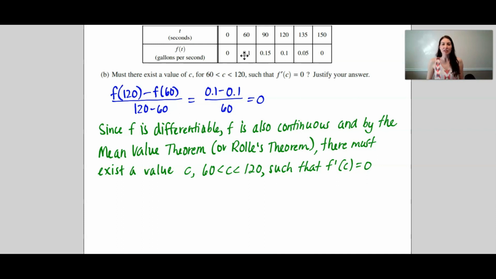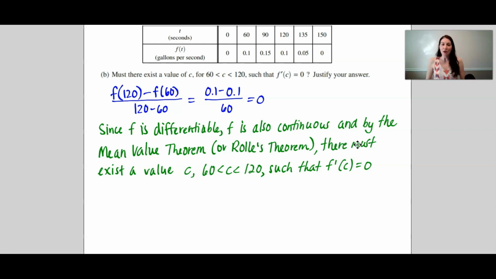Using the values from the table, I get an average rate of change of 0. Therefore, the mean value theorem, or Rolle's theorem, applies, and you can use Rolle's theorem if your average rate of change is 0. To watch a video I've made on Rolle's theorem in the past, click here.